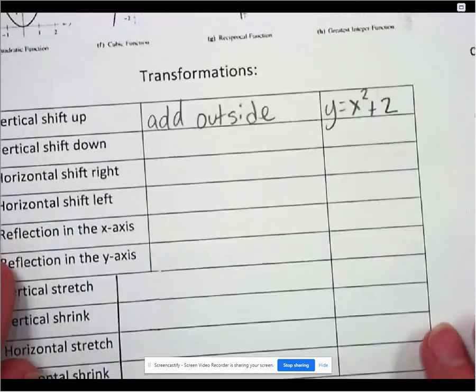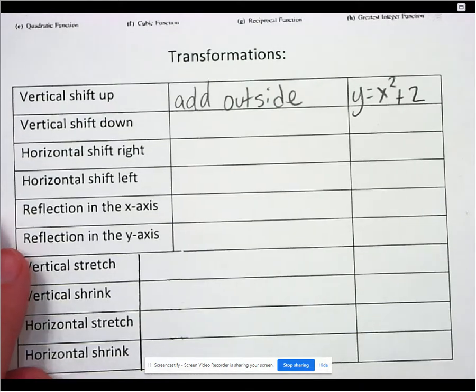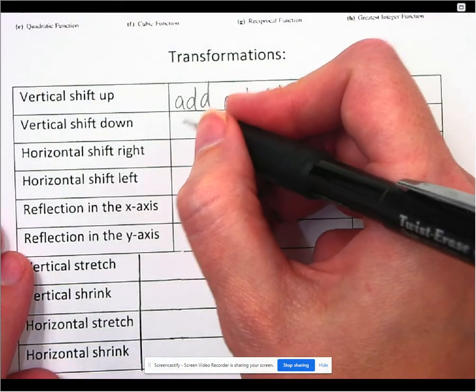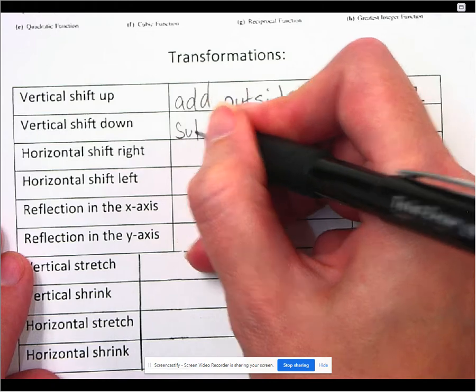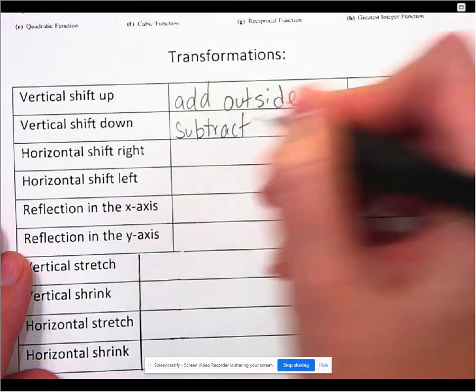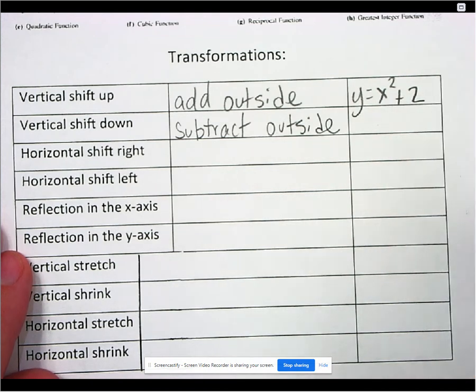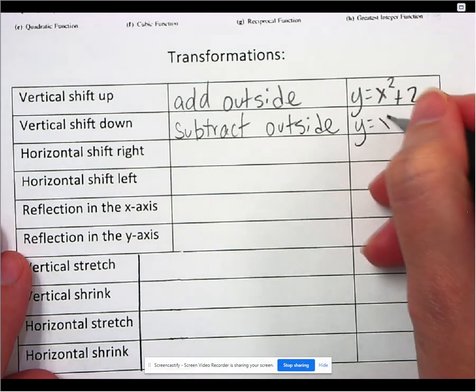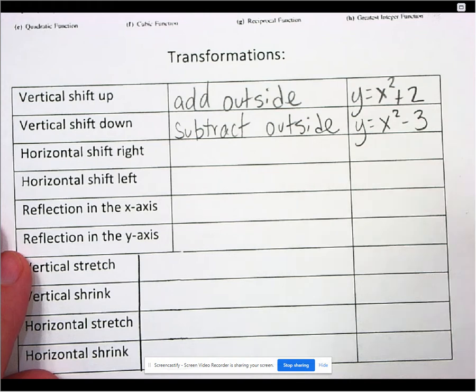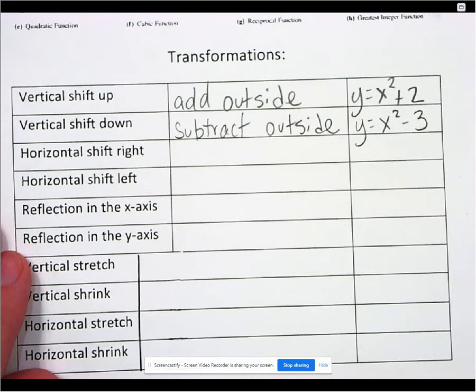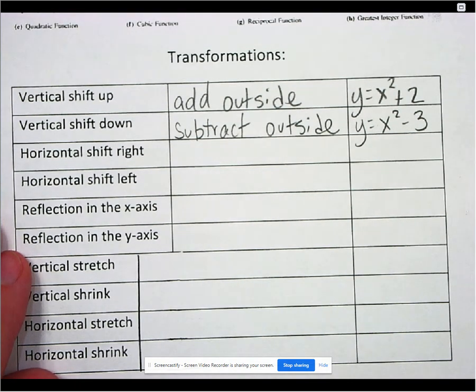Another shift is a vertical shift down, and that happens whenever you subtract on the outside. That would be something like y equals x squared minus 3. I would take the quadratic graph and shift it down 3 units.